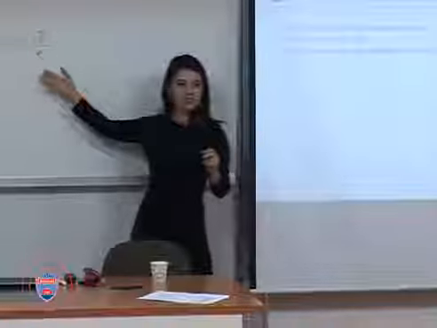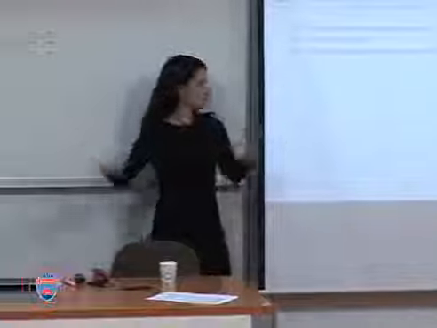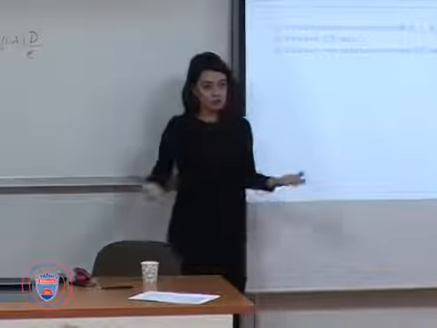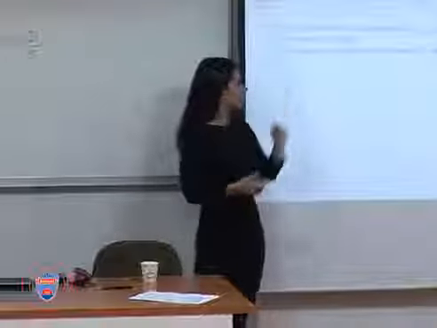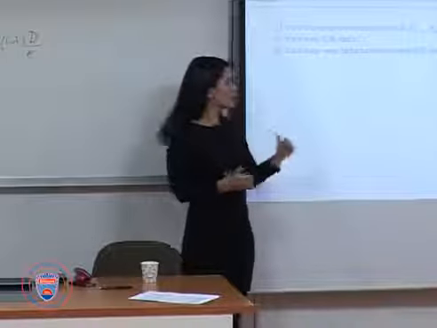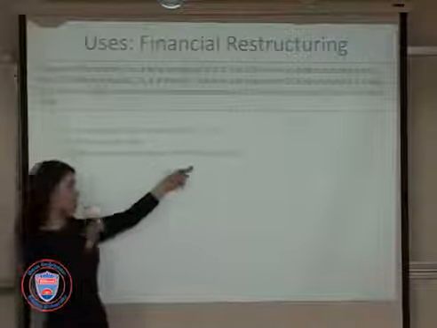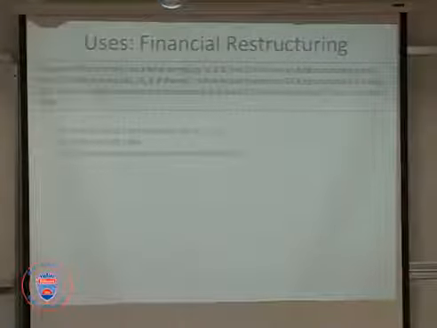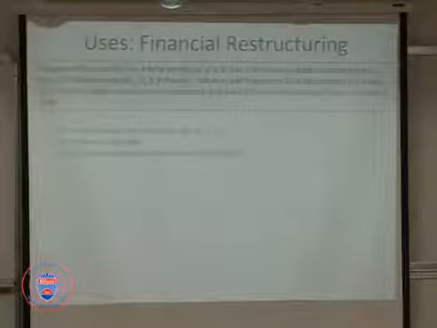And I will always use the same formula for that. Then I'm going to calculate the new debt to equity ratio. Simple. Then I'm going to calculate the new equity beta using the new debt to equity ratio and the asset beta I just calculated in the first step. So the steps are very clear. And I think you got the intuition.